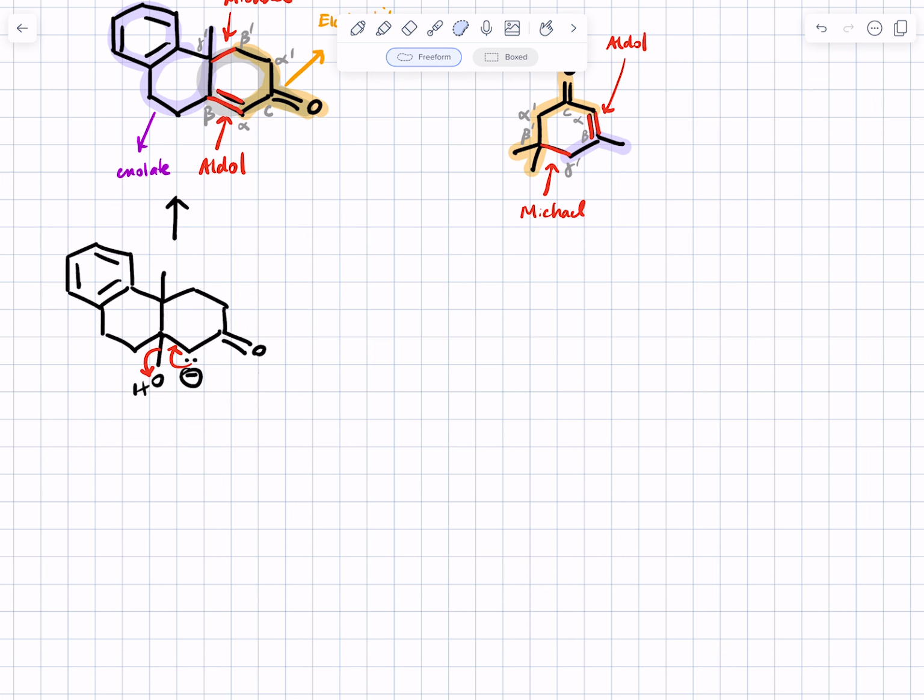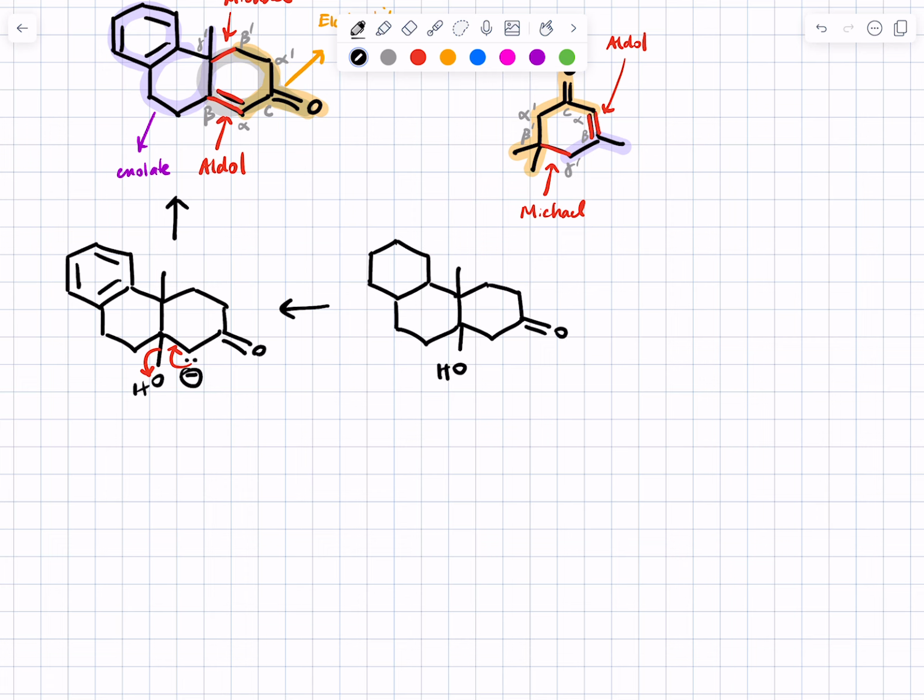What's the immediate precursor to that enolate? Just the version that doesn't have the negative charge there. We'll call this the enolate prior to elimination. This is the beta hydroxy carbonyl compound, and this is the aldol product.